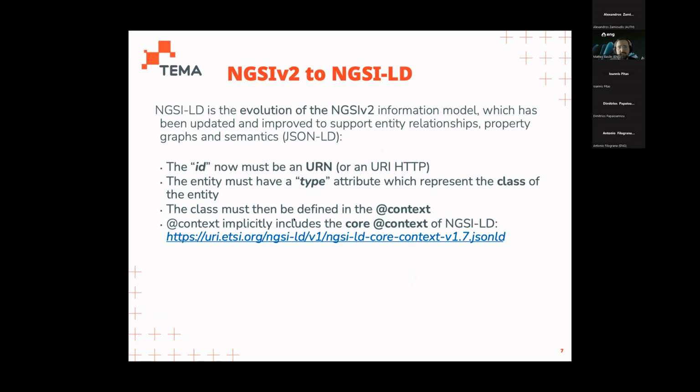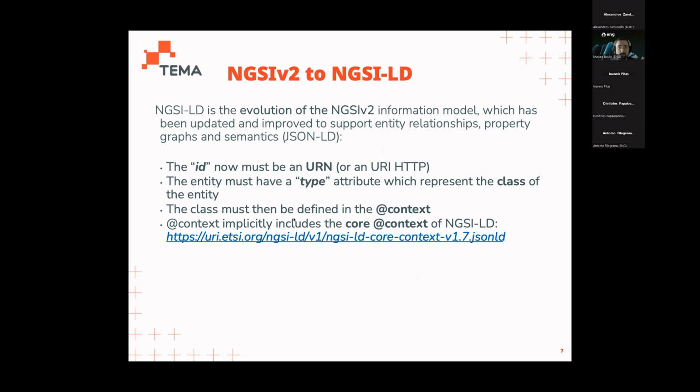But what is the difference? We know now that NGSI-LD is the evolution of NGSI version 2. But which are the most important features added in NGSI-LD? First of all, the ID. Now the ID must be a URL that could be a URI or an HTTP URL and so on.